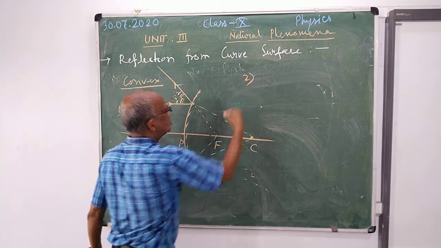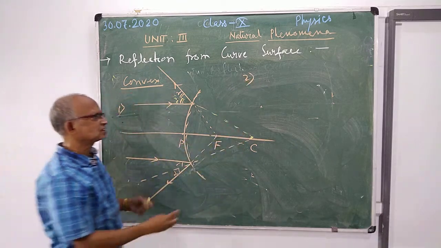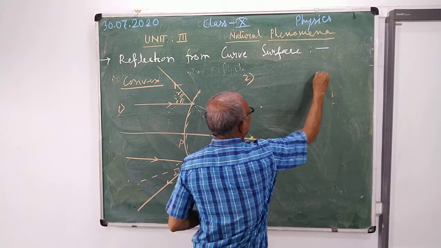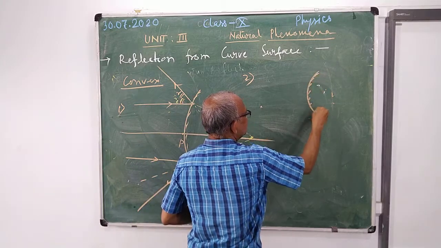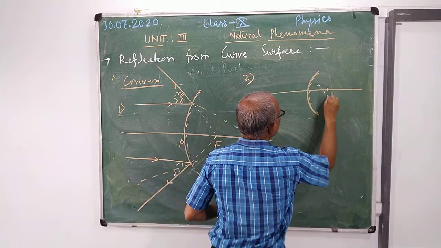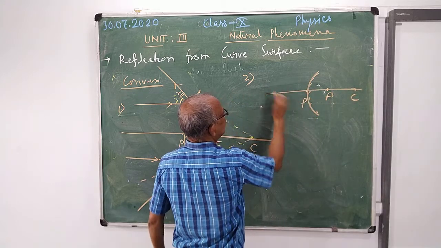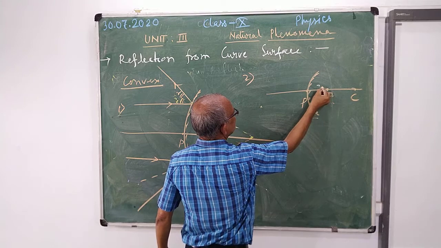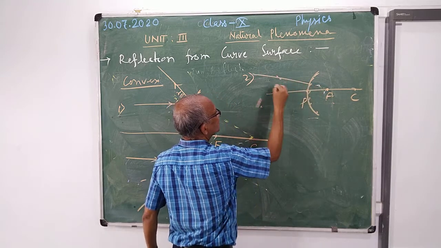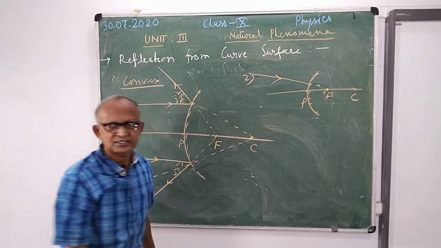Next, what will be the second diagram? Just reversing the arrow shape. So I am drawing this concave mirror. Now you have 3 points: focus, center of curvature, pole. What is the second? The ray seems to pass through focus. You check the meaning.